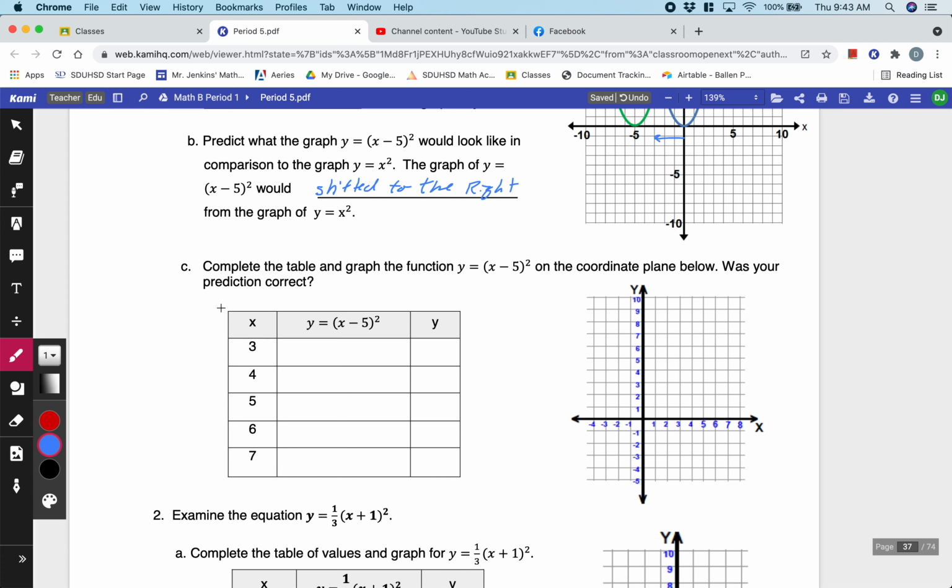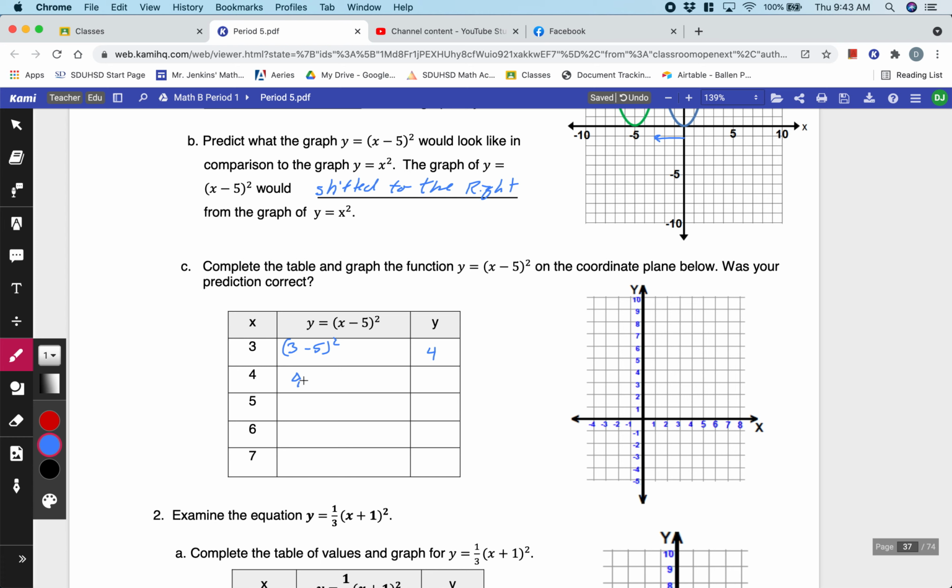Now, I want you guys to notice that on the previous lesson, you had 0 in the center. These ones are different, and we're choosing these values for you. So let's look at what happens here. If I had 3 minus 5 to the second power, 3 minus 5 is negative 2, and negative 2 to the second power is 4.